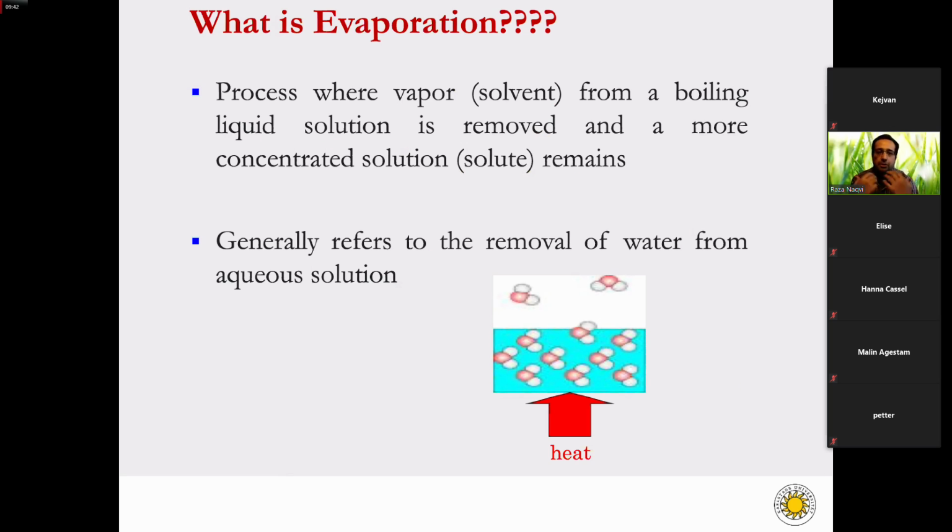But in commercial processes, normally we refer to it as the removal of water from aqueous solutions, the solutions that contain a lot of water. Normally evaporation takes place without giving heat, like at low temperatures or ambient temperatures, but when we talk about commercial evaporation, heat is supplied in order to speed up the evaporation rate.